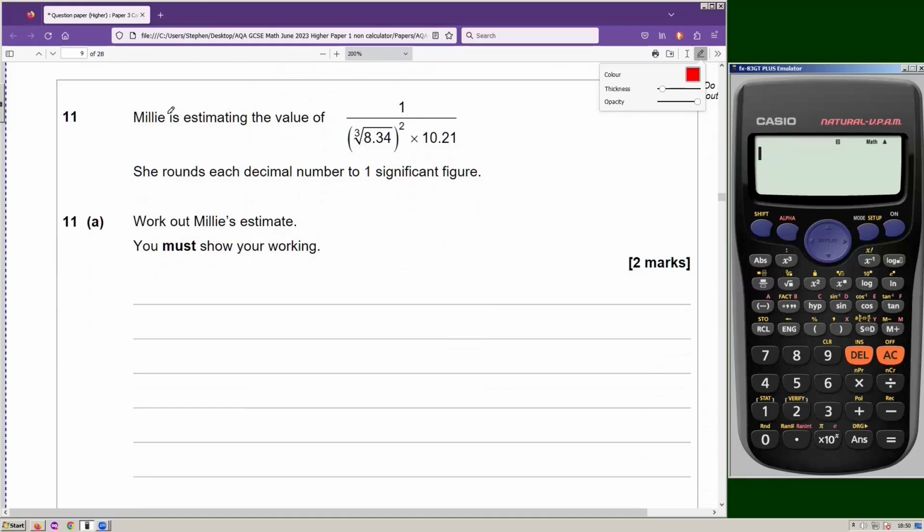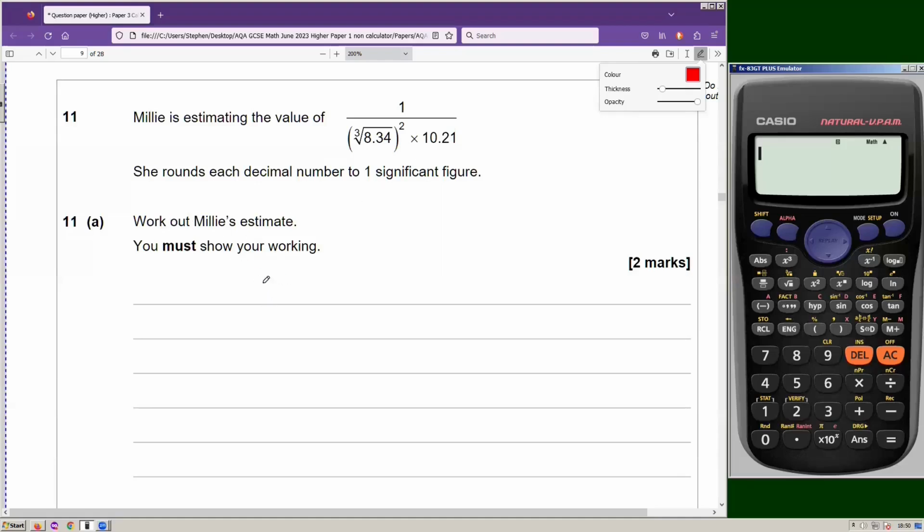Question 11. Millie is estimating the value of 1 over this lot. She rounds each decimal number to one significant figure. Okay, we're rounding then. Work out Millie's estimate. You must show all your working.